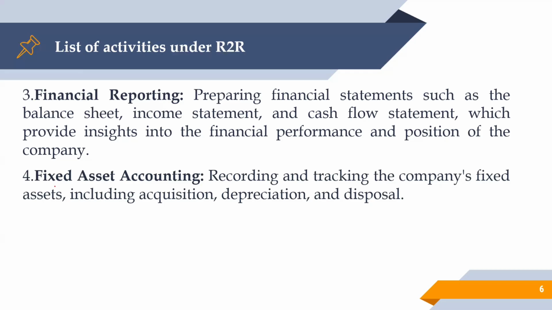Initially, when we purchase, that asset is going to be parked in CWIP, that's capital work in progress, or CIP, capital in progress. And from the CWIP, we have to do the capitalization. If any other expenses are incurred pertaining to that asset, they are also clubbed there.